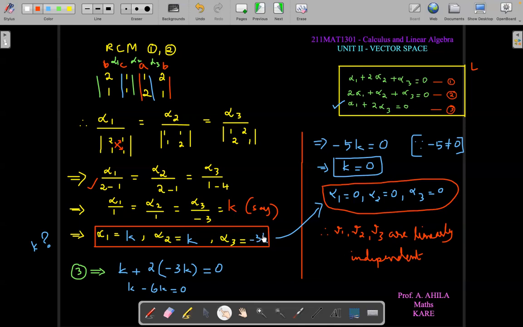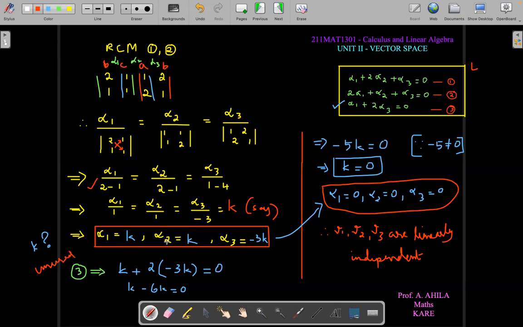Now, only if we know the k value can we give the particular values of alpha 1, alpha 2, alpha 3. To find the k value, I consider the third equation, because for making the cross multiplication I used the first two equations. So the unused equation is the third equation.